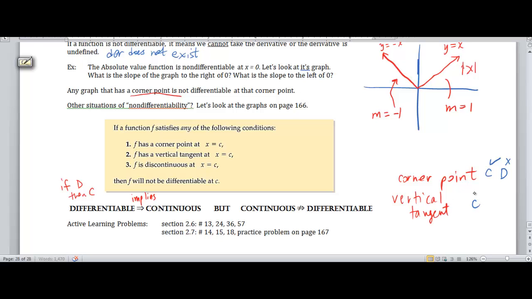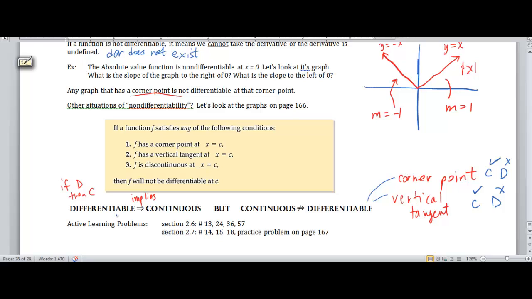Yes. Is it differentiable? No. Remember, continuous just means you can follow the graph using your pencil without lifting the pen from the paper. If it's discontinuous, it's not continuous. So these are two examples where you have continuous but non-differentiable.